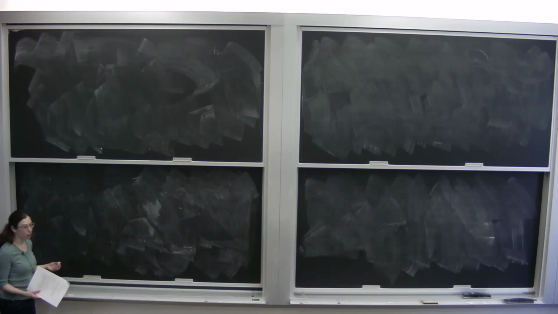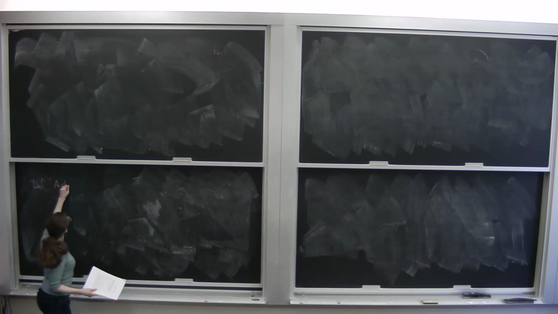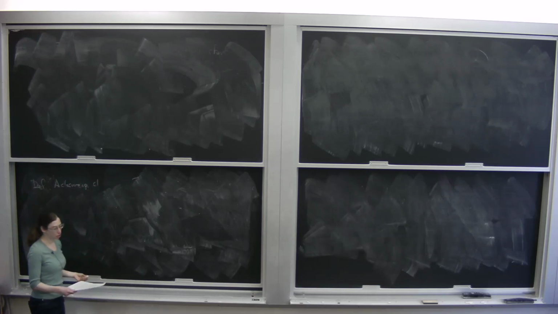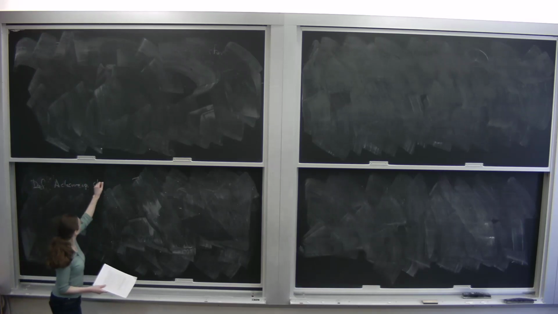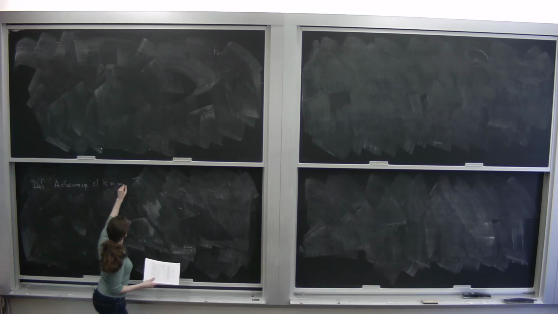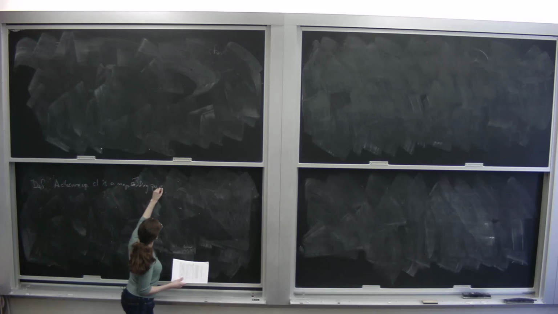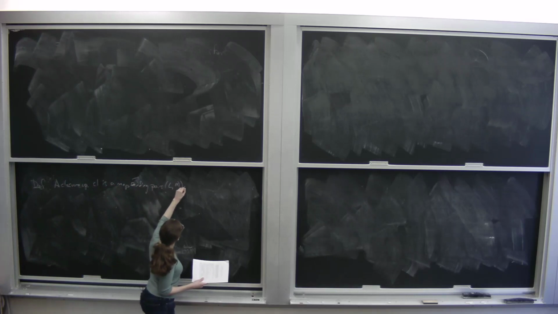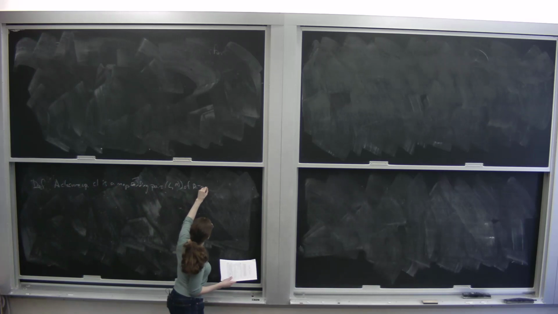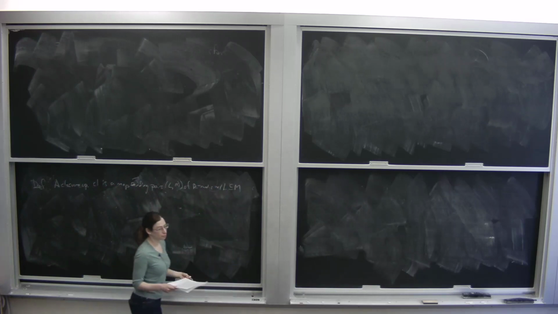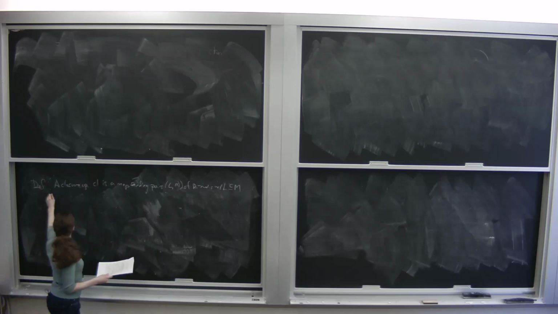So let me talk about closure operations. A closure operation, and if it's not a specific one I'll probably write CL, is a map sending pairs of R modules, where we want L to be contained in M, to an R module.